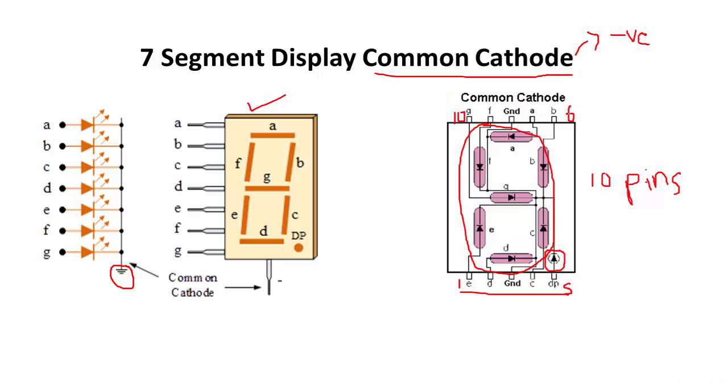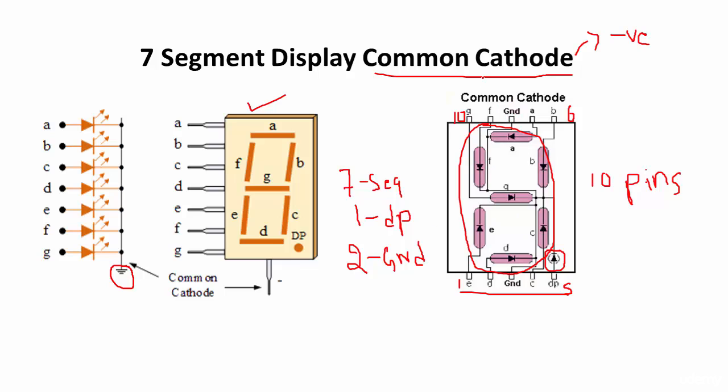Out of 10 pins, 7 are dedicated for segments, 1 is DP, that is the decimal point, and the other 2 are either ground or VCC. In the case of common cathode, the other 2 pins are ground, which means you have to connect them to ground.